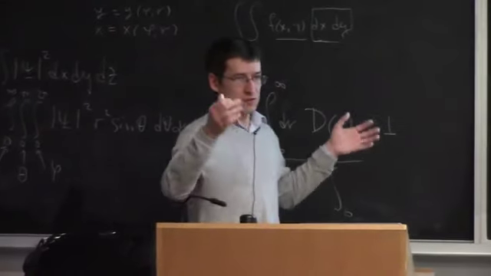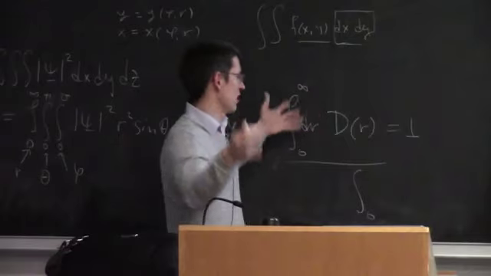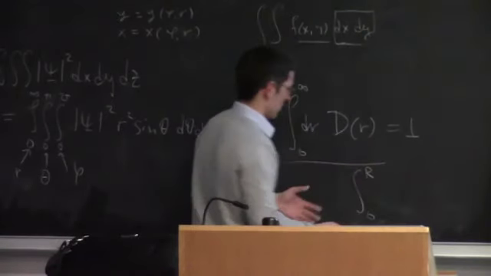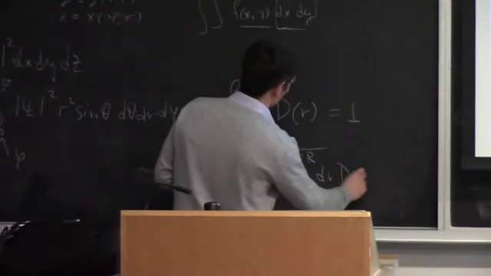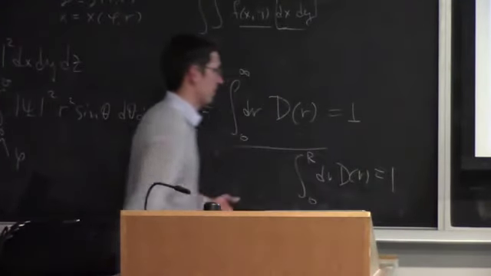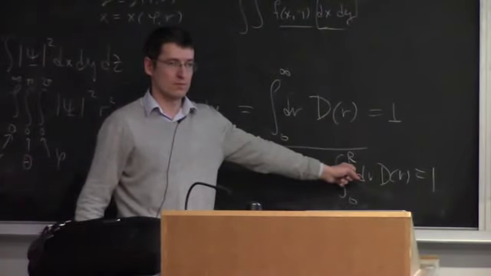Now, you cannot say, okay, my atom is the radius big R where D of r is equal to 1. So what should this big R be then? It's a very simple question.